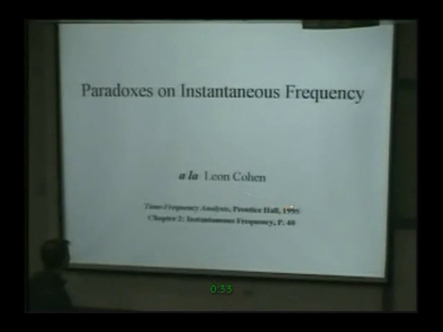Leon Cohen, in 1995, at precisely the time I developed Hilbert analysis, published a book called Time Frequency Analysis. I told you before, Leon Cohen almost dominates the Wigner-Ville transformation. Everyone who uses the Wigner-Ville transformation always refers to Leon Cohen.